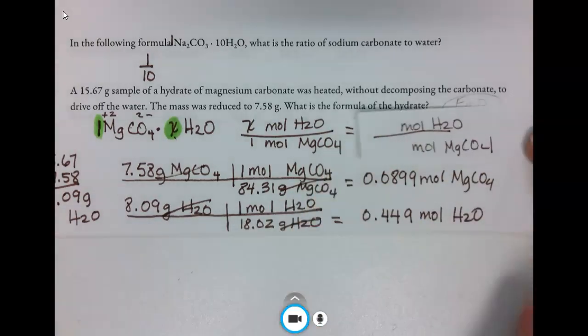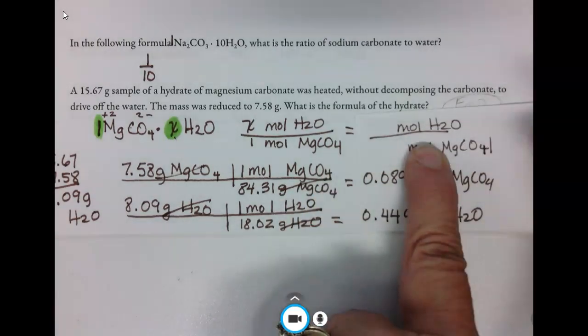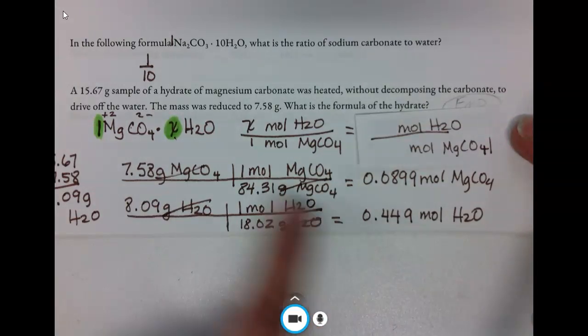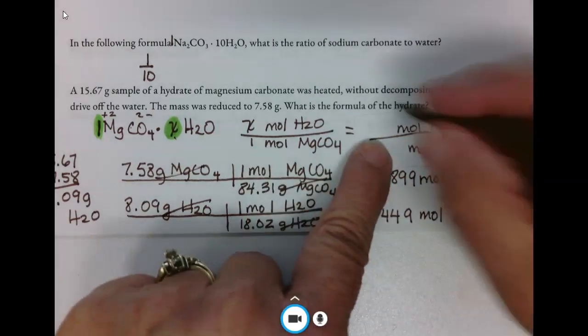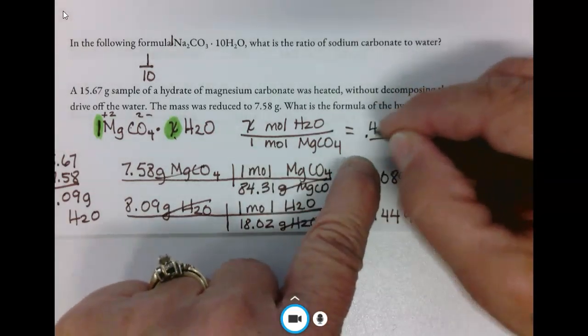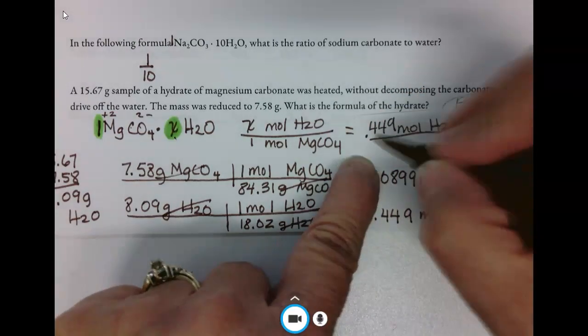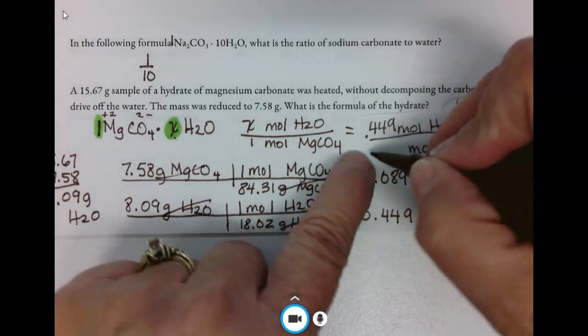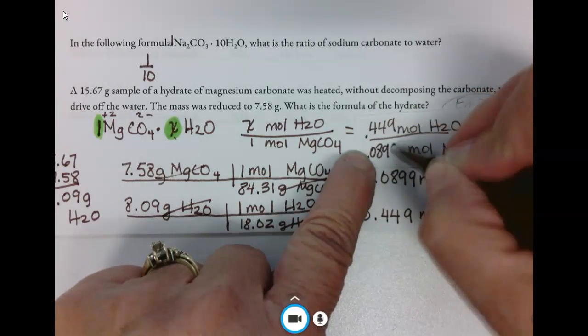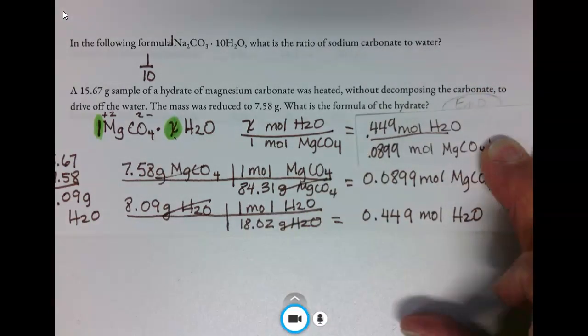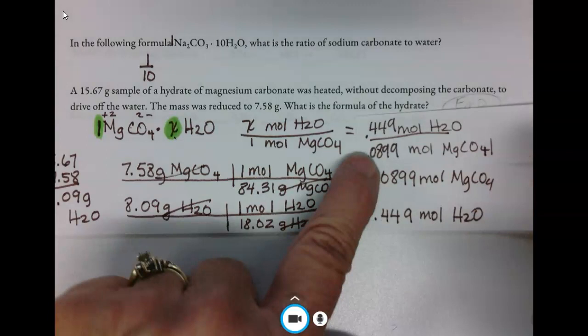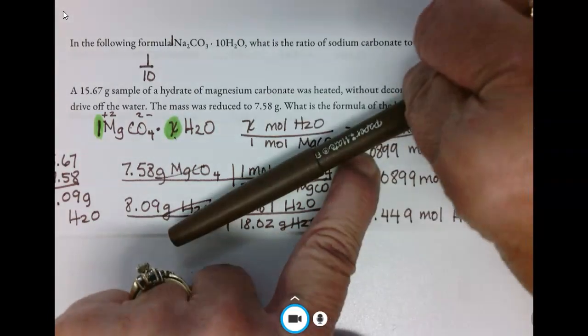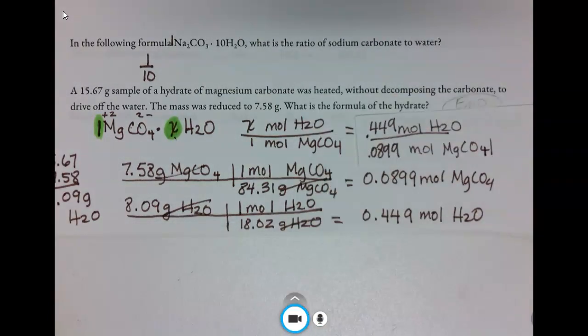Just like a regular proportion, we put the water, which is 0.449, and the carbonate, which is 0.0899. And what you could actually do is work this like a proportion and cross multiply. That would be one way to do it.